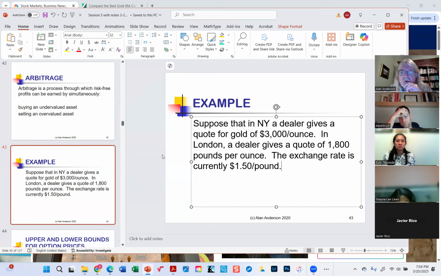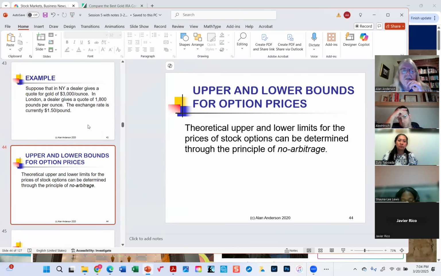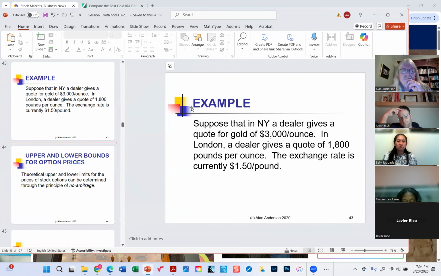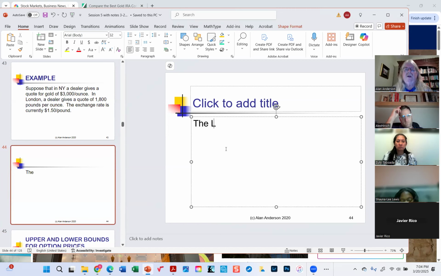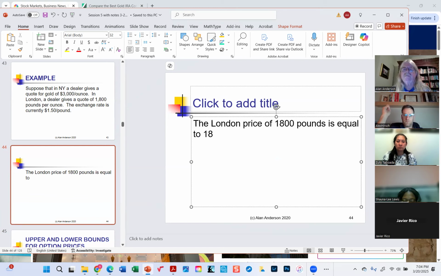Well, if you were to convert that London quote into dollars, you'd notice something very interesting. The London price of 1,800 pounds is equal to $2,200.